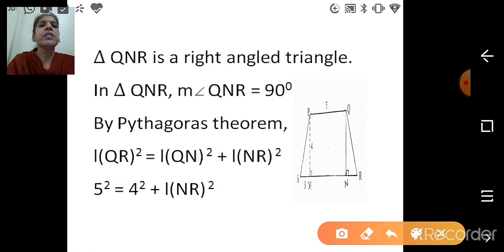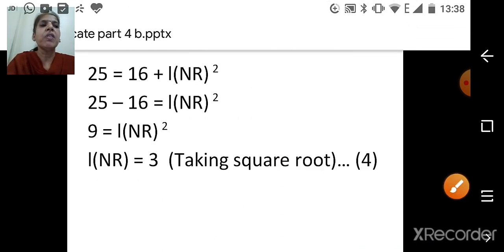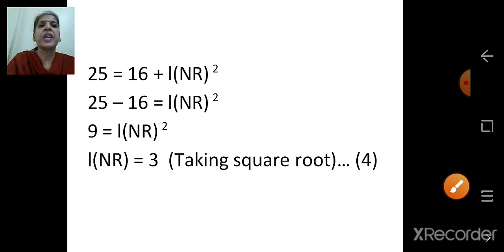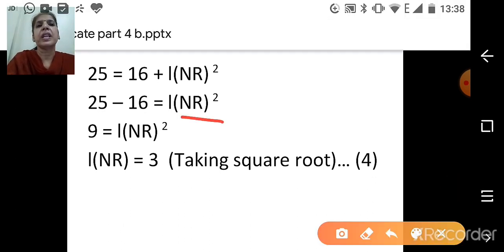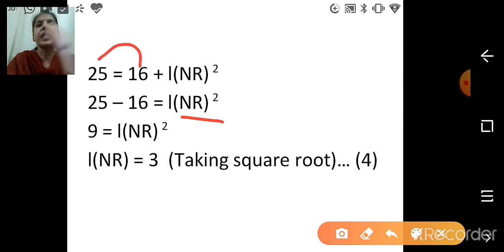Now we will substitute the values. QR we got, it is 5 square, is equal to QN we know 4 square plus NR square. So square of 5, yes, 25. Square of 4, 16. So 25 is equal to 16 plus length NR square. Now we have to find length NR square. So 16 will go to the other side of the equality and become subtraction.